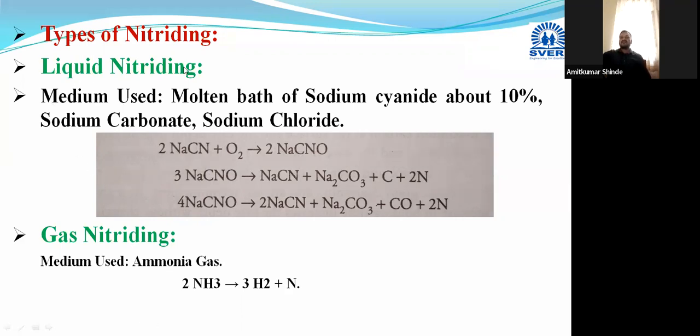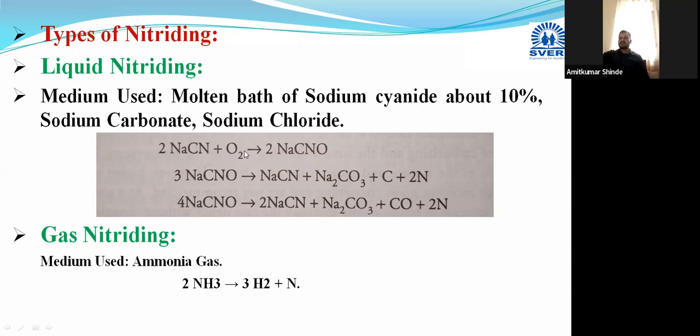Generally, in liquid nitriding, the salt bath mixture will consist of 10% sodium cyanide, and the remaining amount of sodium carbonate and sodium chloride. Now, a reaction will take place, which is visible on this slide. Sodium cyanide combines with oxygen and forms sodium cyanate, NaCNO.